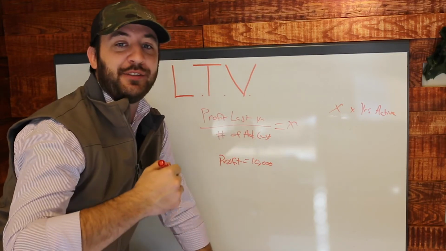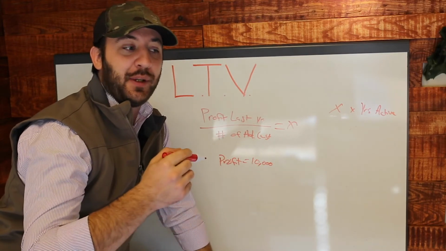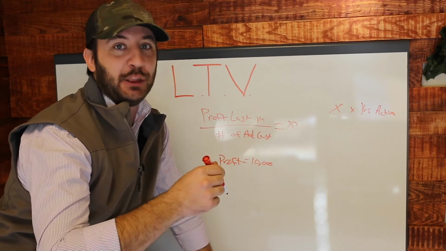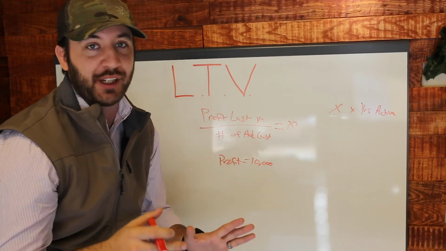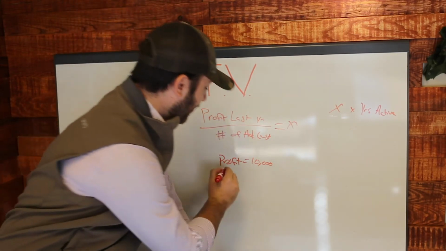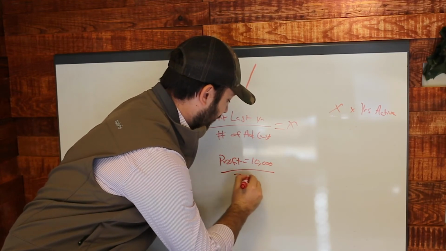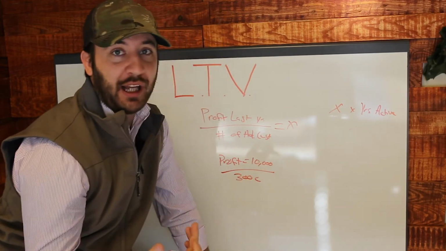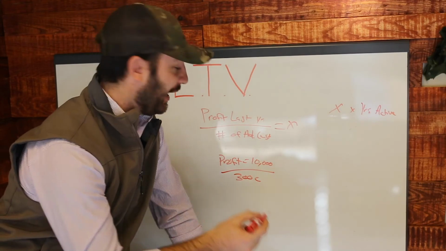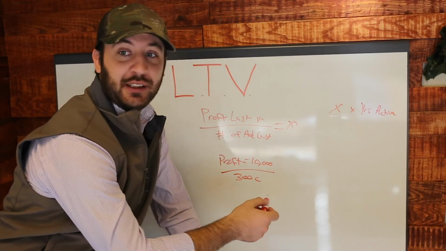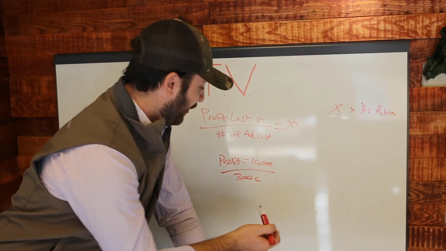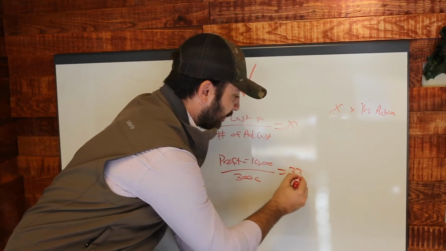You're then going to divide that by the number of clients you had that previous year, and any client who paid you counts. So let's say you had 300 clients on your platform last year. You divide the 10,000 by 300, and you get about 33.